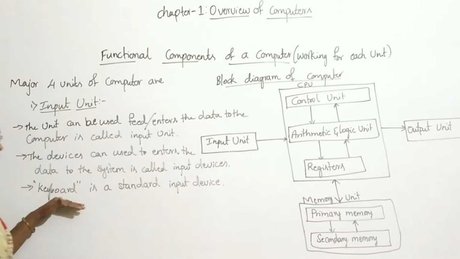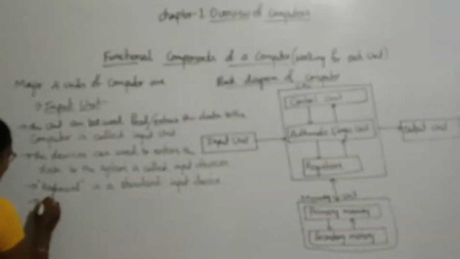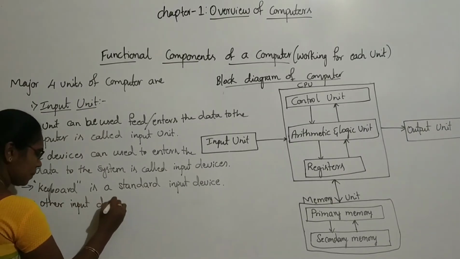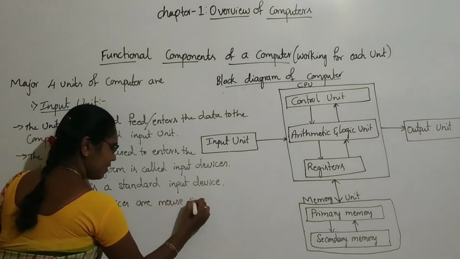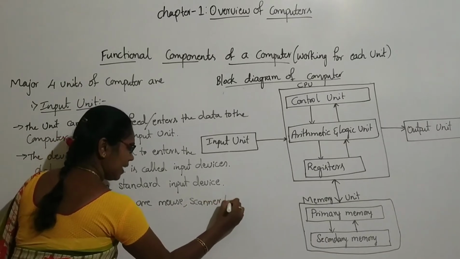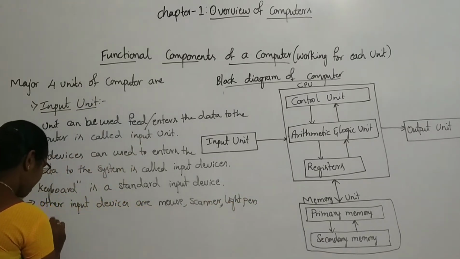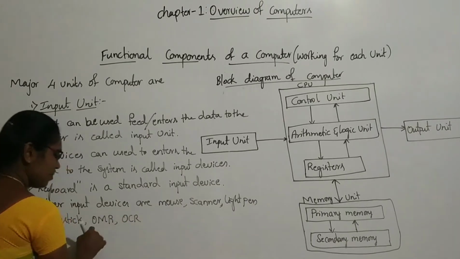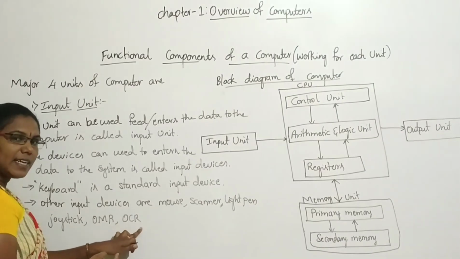Understood? So the keyboard is called a standard input device in a computer system. Then we take other input devices. Other input devices are mouse, scanner, light pen, joystick, OMR, OCR. OMR stands for optical mark reader. OCR stands for optical character recognition.